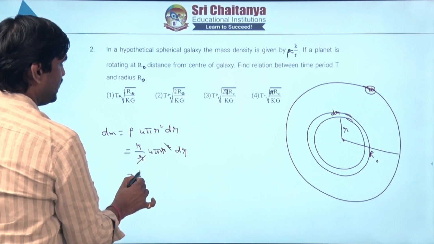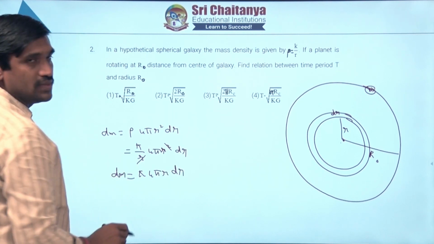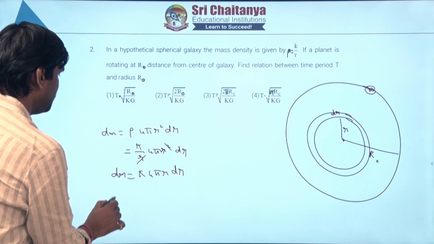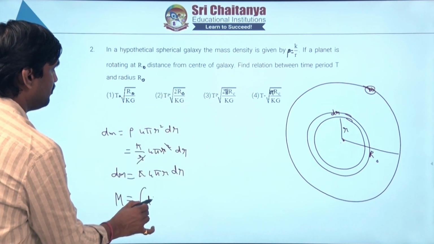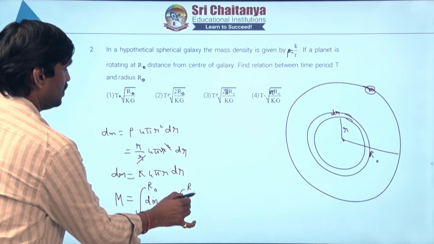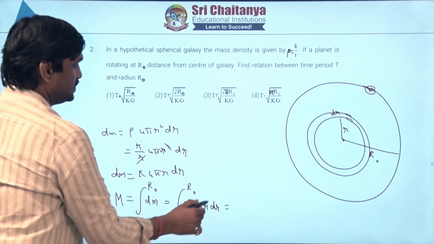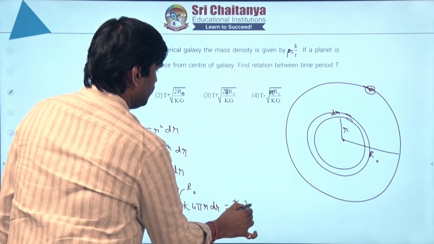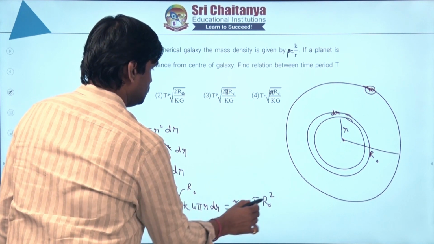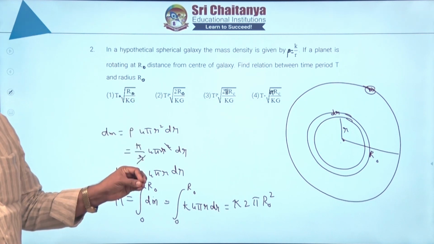Now which is equal to k 4 pi r into dr. Now the mass of the galaxy up to radius r0, M is equal to integral dm from 0 to r0, k 4 pi r dr, which is equal to k 2 pi r0 square. This is the mass of the galaxy up to that.